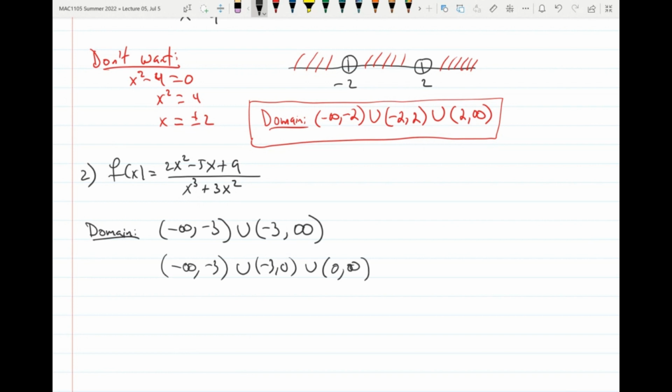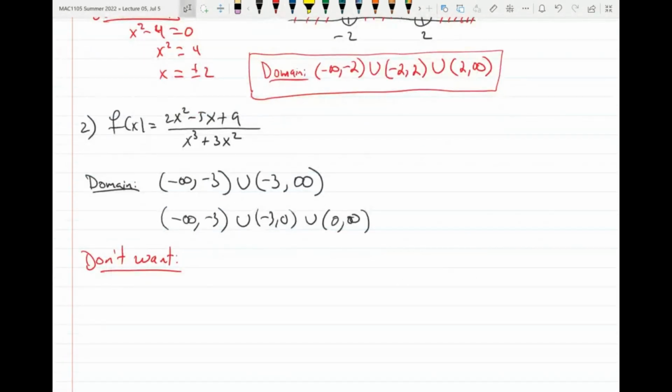All right, so again, here you have to be careful. Once again, scan the function: what are we trying to avoid? We don't want the bottom to be 0, so that means we don't want x cubed plus 3x squared to equal 0. Then, keep looking at the formula. Is there any other issue here?